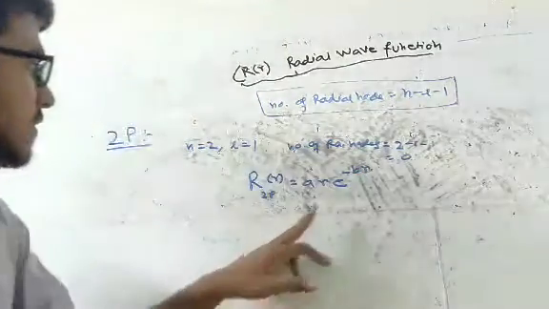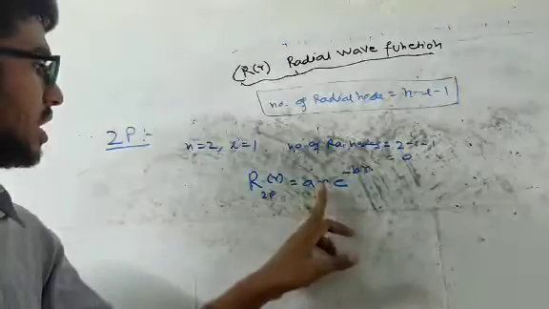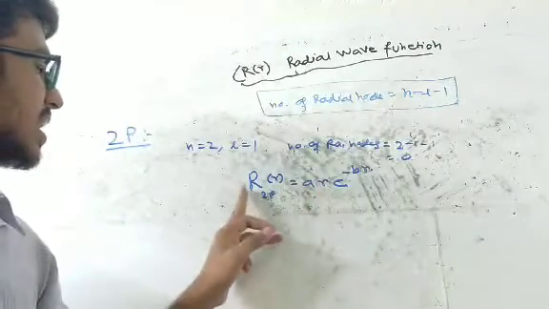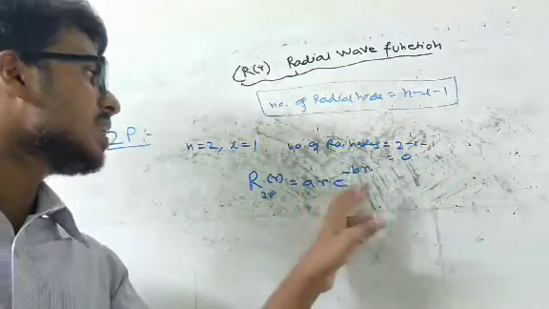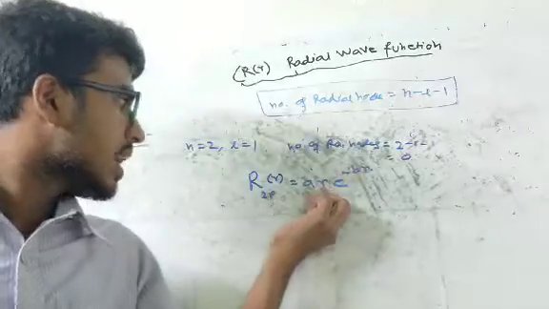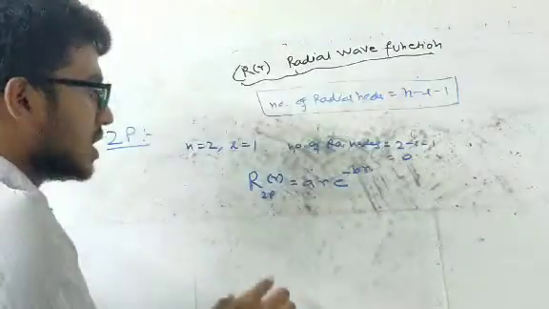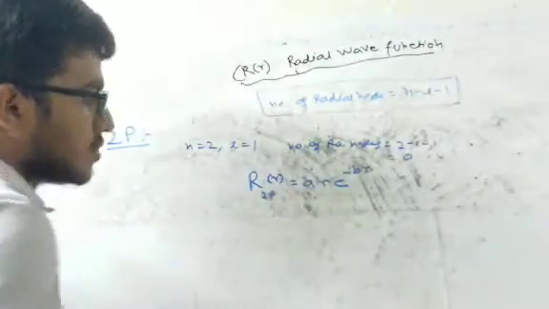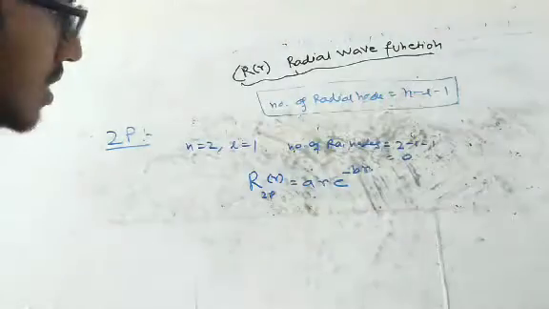If I put r equals 0 here, I am getting R(r) equals 0. So at the origin, the value of R(r) for 2p equals 0, because 0 multiplied by a times e to the power minus br equals 0.